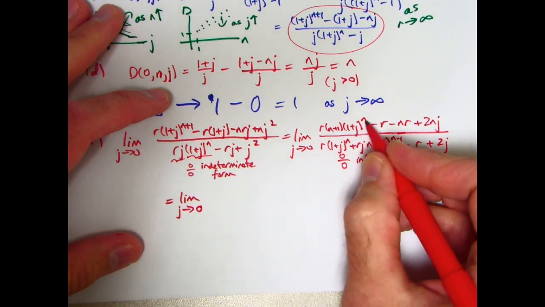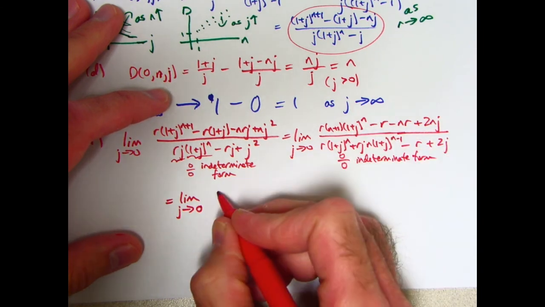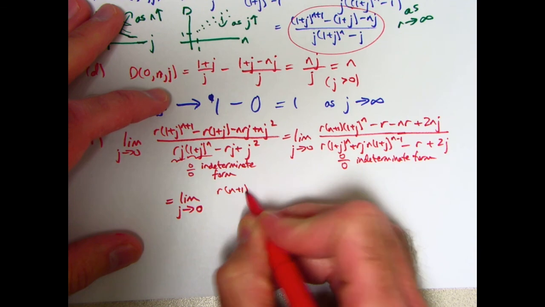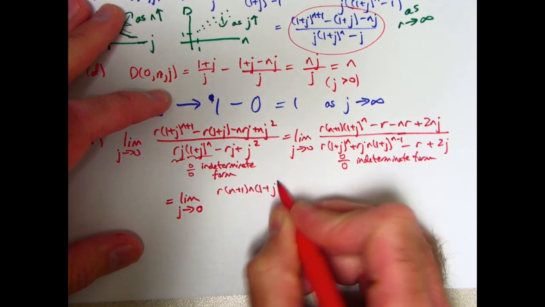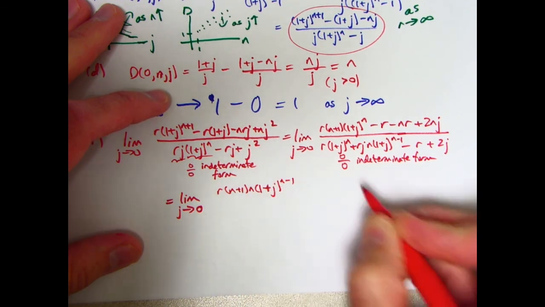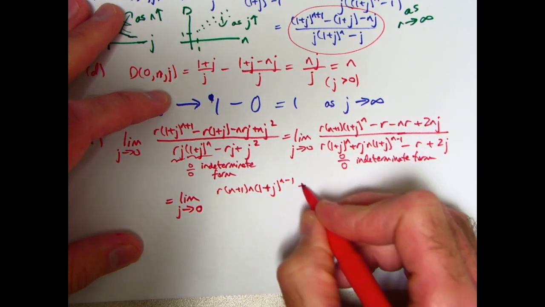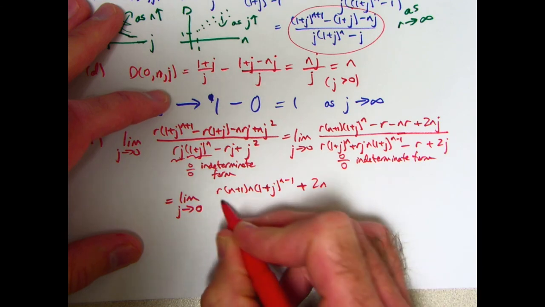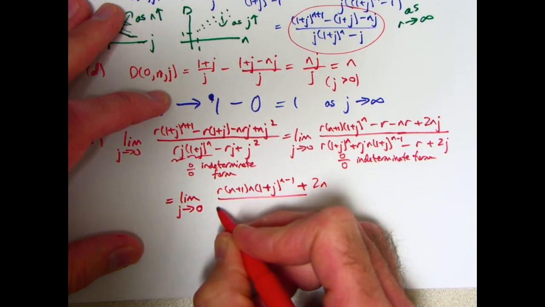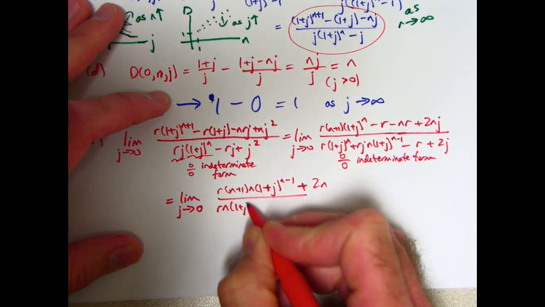It's not. Once again, differentiate this, bring the n down. I get r times n plus 1 times n times 1 plus j to the n minus 1. Differentiate these with respect to j, you get 0. Differentiate this, you get plus 2n. On the bottom, differentiate this, gives me rn 1 plus j to the n minus 1.